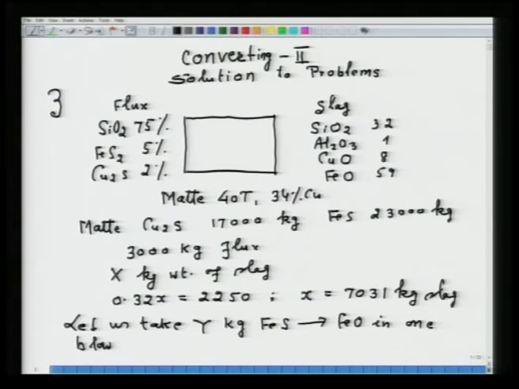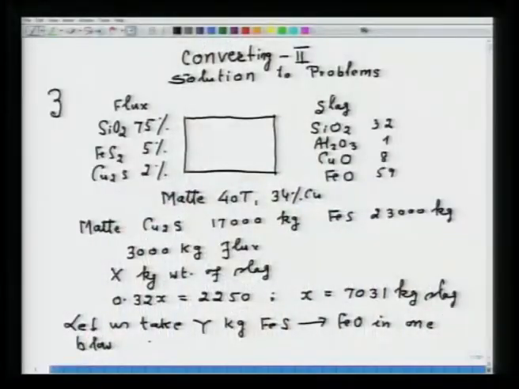Say we added 3000 kg of flux, now we would like to know how much FeS is being oxidized, because we have to know how many partial blows we require, by charging 3000 kg flux. Now, we will do the iron balance.